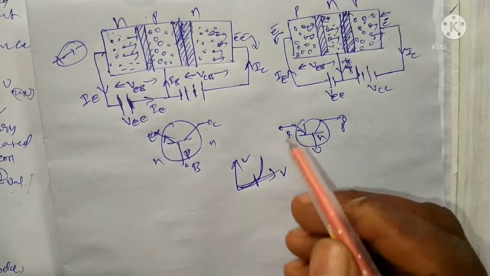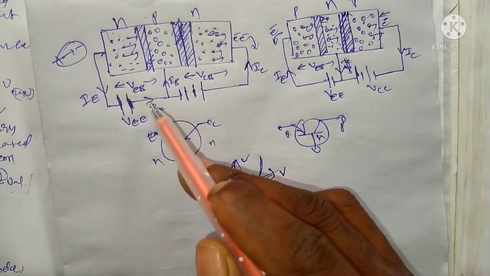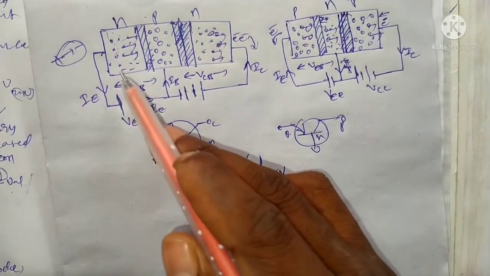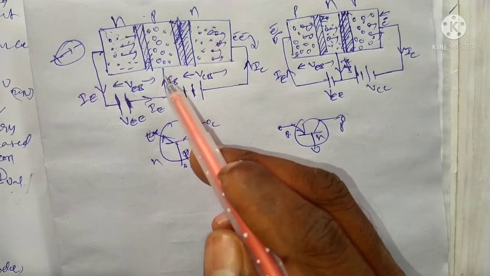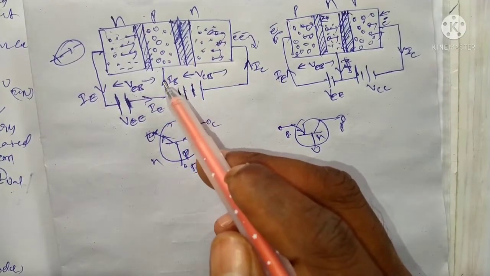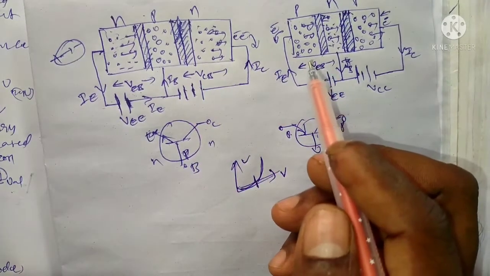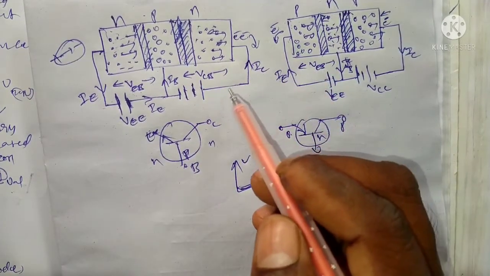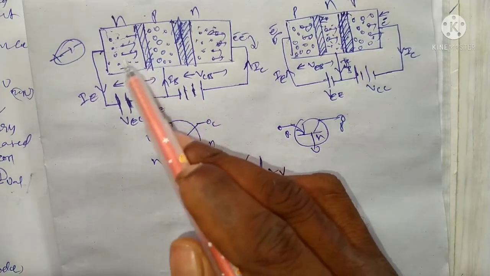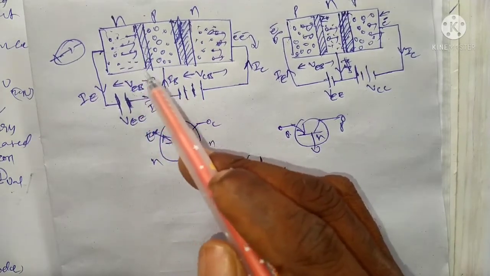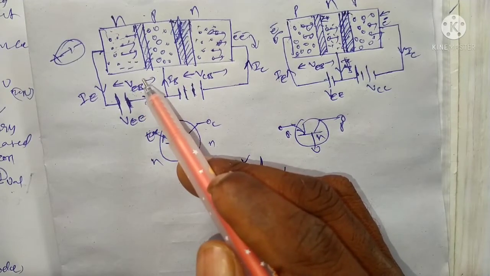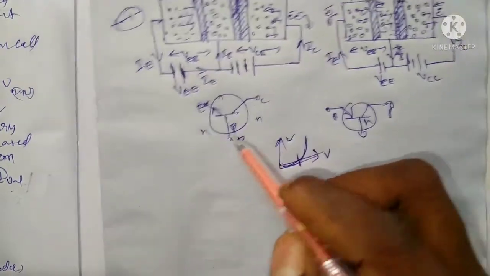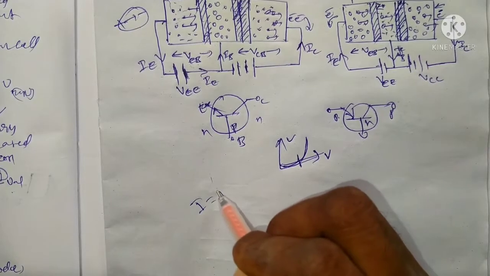Okay, here the current is the emitter current in the case of an NPN transistor. Why? Because the NPN transistor has the most important advantages compared to the PNP transistor.